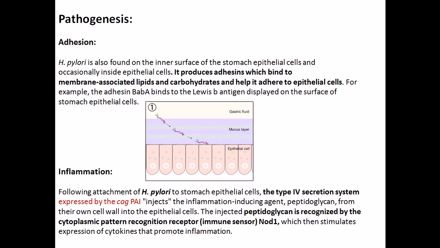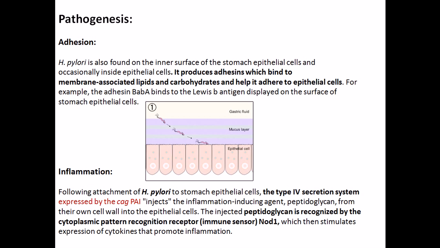For example, one such adhesin molecule is BabA. Using this BabA molecule, it can interact with Lewis B antigen displayed on the surface of stomach epithelial cells. So it's a typical example of the adhesion of Helicobacter pylori with the epithelial cell.